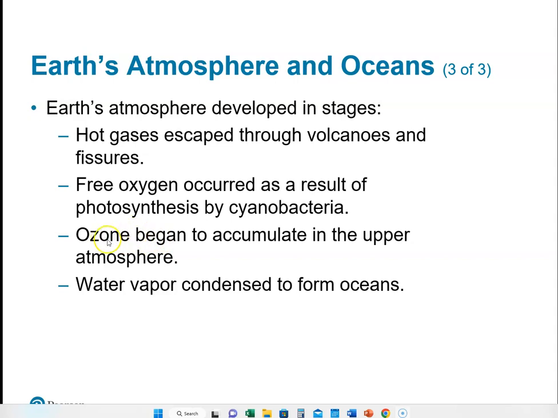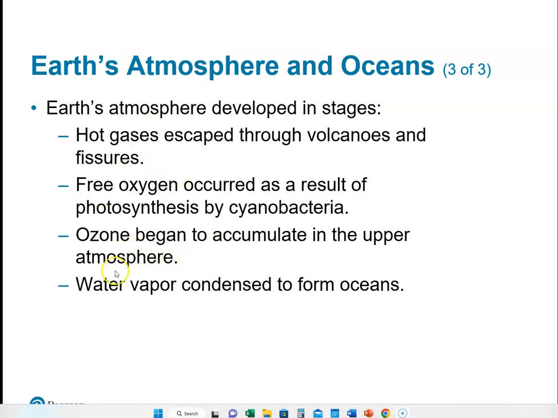But anyhow, the O3 molecules begin to accumulate, and that has this profound effect on life on the Earth, because the ozone is a filter for ultraviolet light, and ultraviolet light is very, very damaging to life forms. The fact that the ozone begins to filter it allows life to evolve in all sorts of different ways.